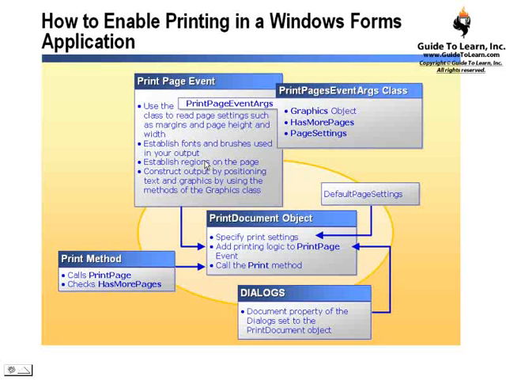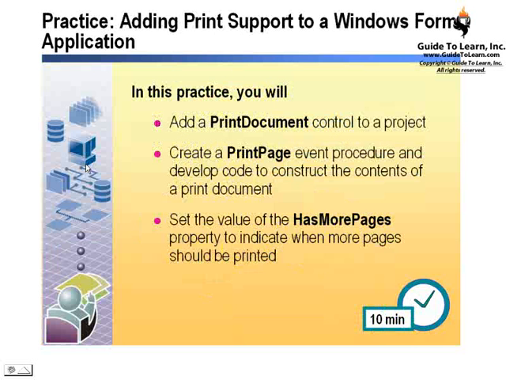Also, we can establish the fonts and brushes that we are using when we want to print, regions on the page, like margins, and construct the output by positioning the text and graphics using the methods. Not to mention that adding the printing logic to the print page event might involve things like from what page to what page, or whether you want to print just a selection, and so forth.